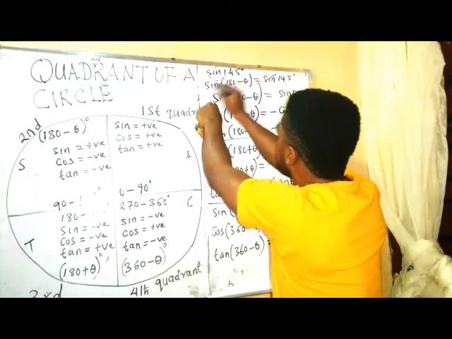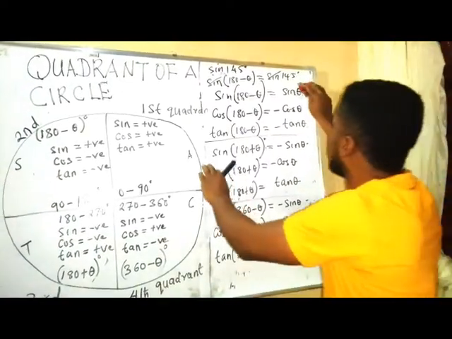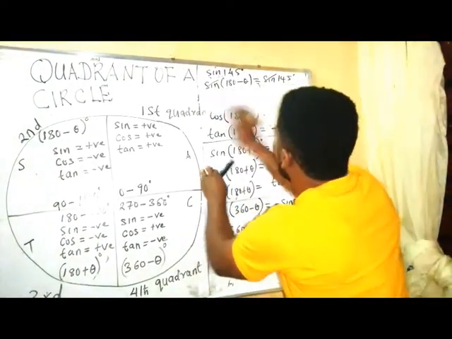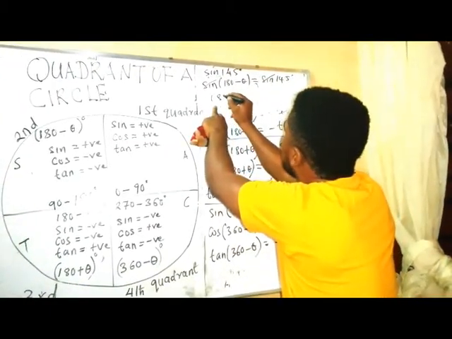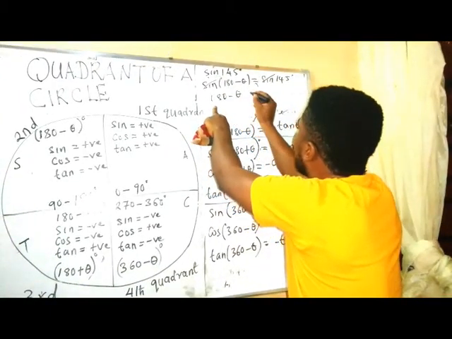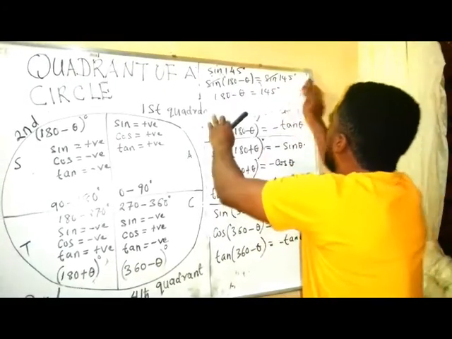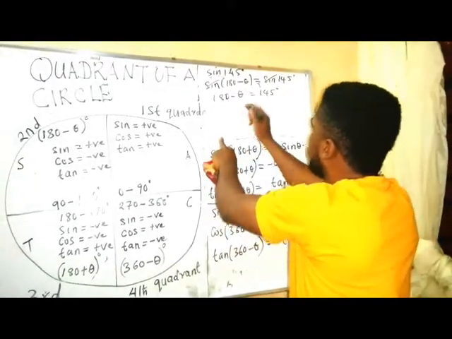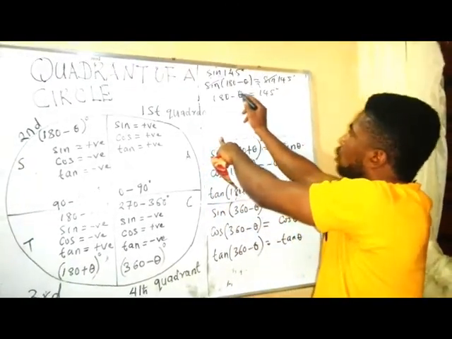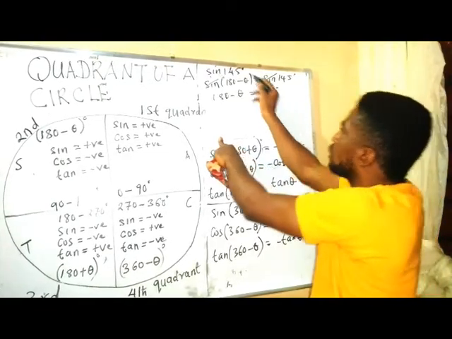So we cancel sine here, and that is what I have been doing since. So allow me to clean this place. We have 180 minus theta equals 145. Remember your target. Your target is to find that theta. So to find theta, this minus theta crossing this sign becomes plus, and this plus 145 crossing here becomes minus.